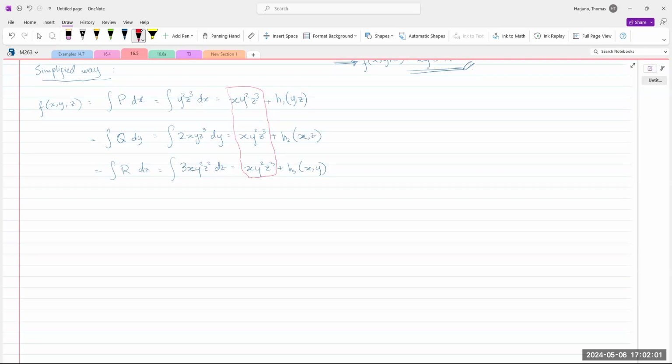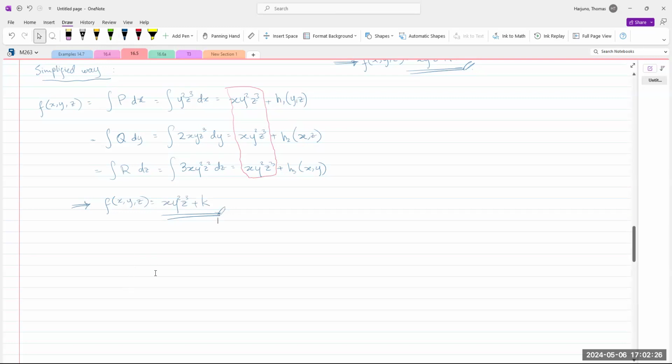But we don't have a function that depends on yz only. We don't have a function that depends on xz only. We don't have a function that depends on xy only. So the consequent must be that the function of xyz must be xy squared c cubed plus constant.